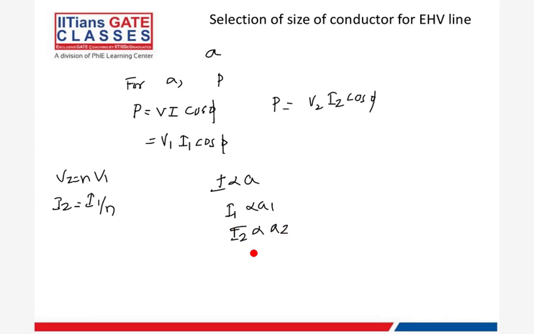And we know I2 is equal to I1 by N, which implies A2 will be A1 by N. So if the voltage increases N times, the area of cross section decreases by N times, right? Does that make sense? Is that clear?